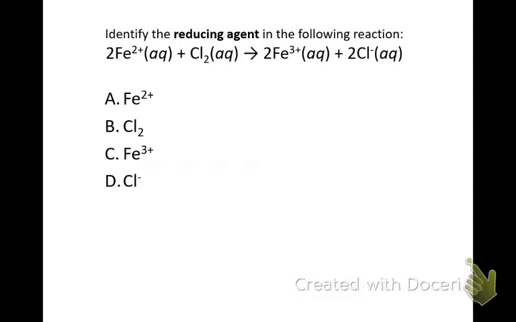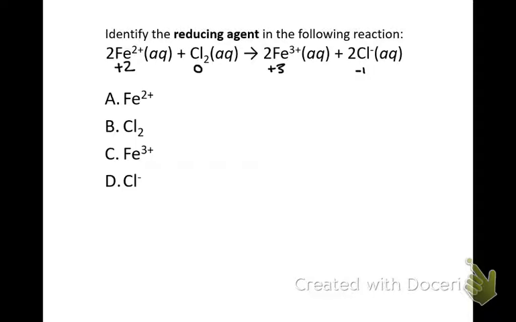If we look at oxidation numbers, these are pretty easy to identify because we have these ions with charges. The irons are +2 and +3 because those are the same as their charges. This chlorine is 0 because that's its elemental form. And this chlorine is -1 because it's chloride, the same as its ion.